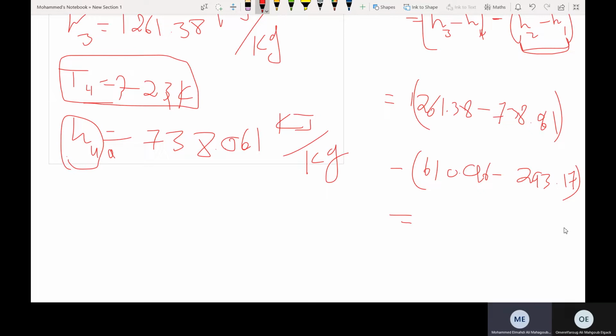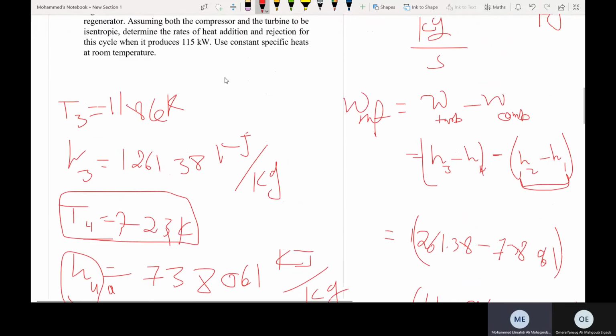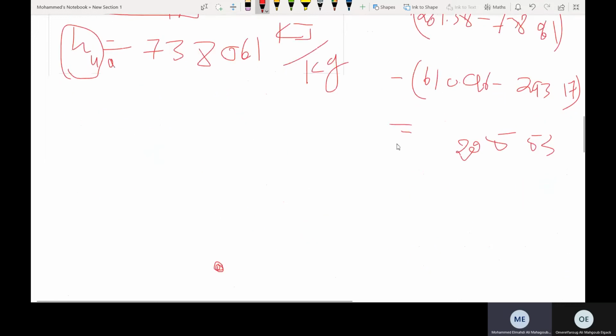So it will be 205.59. Okay, just check with me, in case I didn't make any mistake in the calculations, but I believe that the H's are correct. So this is kilojoules per kilogram.